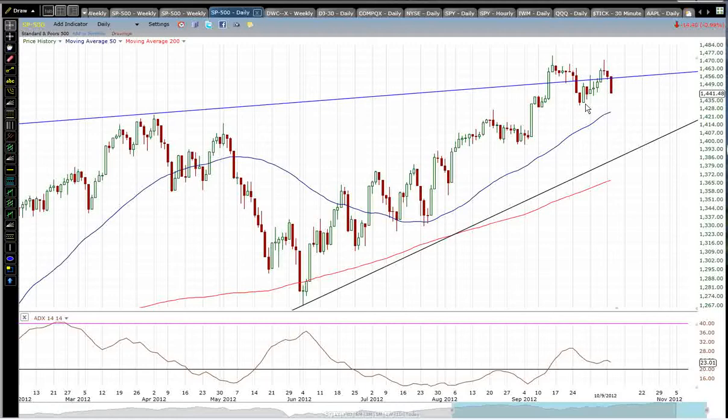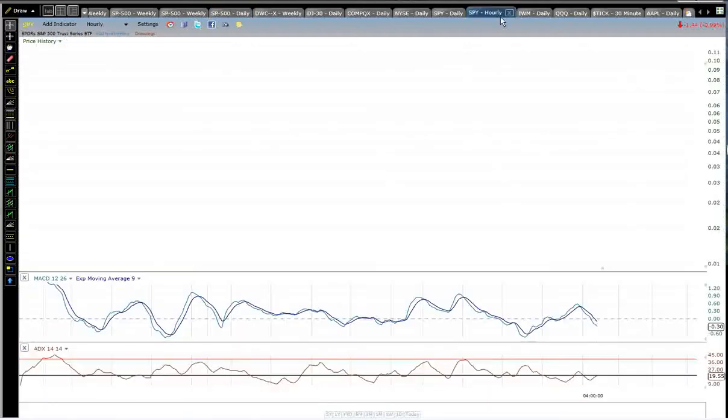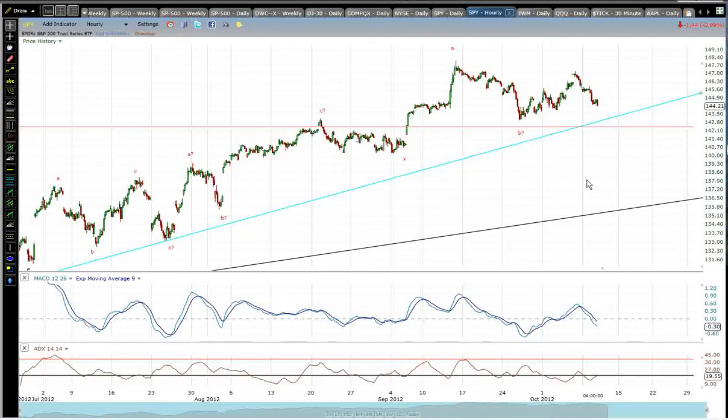And what I think the setup to look for here is this: this is an hourly chart of the SPY ETF. The MACD is just coming down into oversold territory. There's no divergence yet, and it hasn't crossed back up. So at this point, the short-term trend is still down.